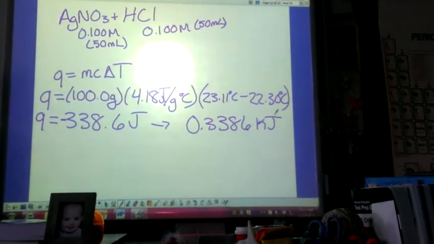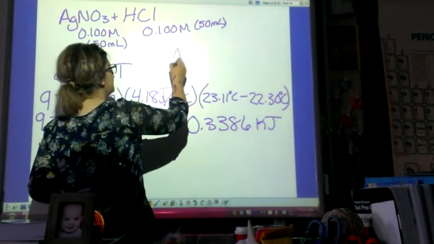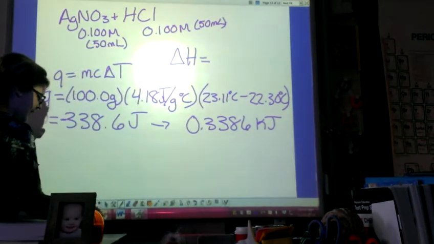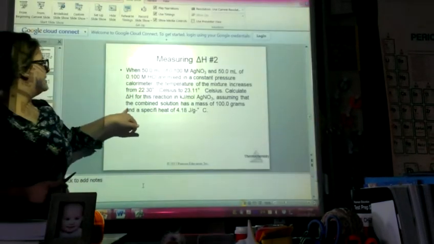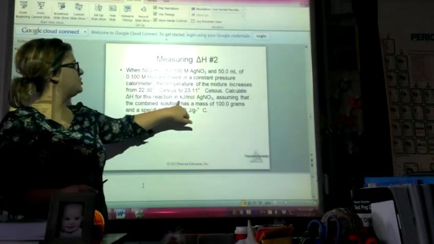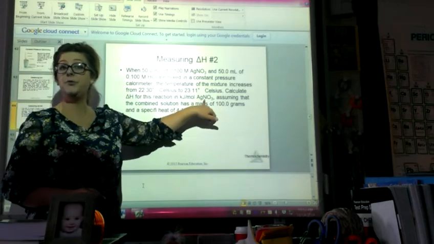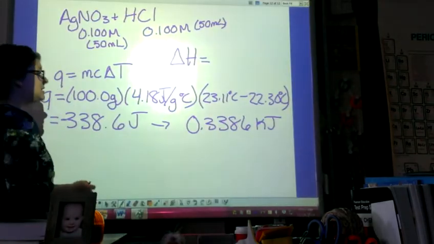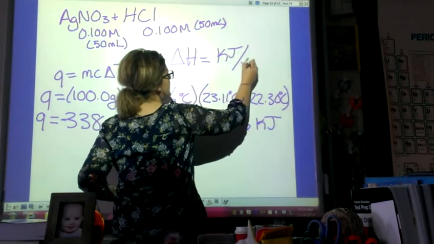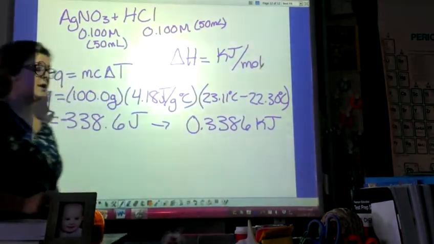But that's only a piece because I need to know that change in enthalpy, and that change in enthalpy was specifically for silver nitrate. Let's go back, because it says calculate delta H for this reaction in kilojoules per mole of silver nitrate. I have the kilojoules part, I need the moles of silver nitrate part.